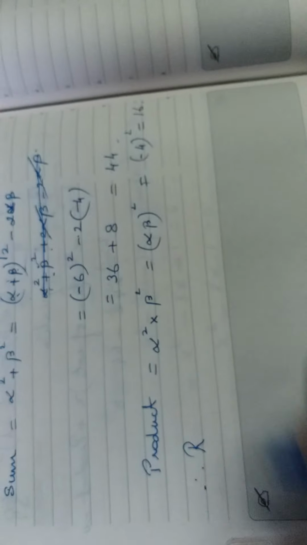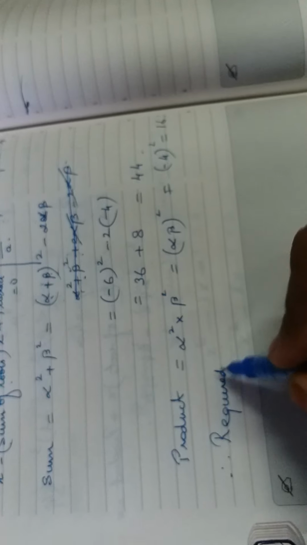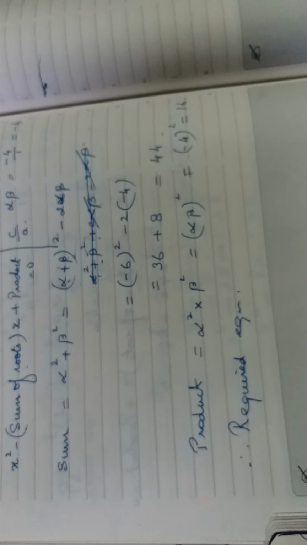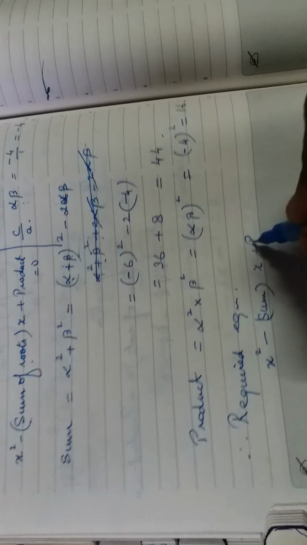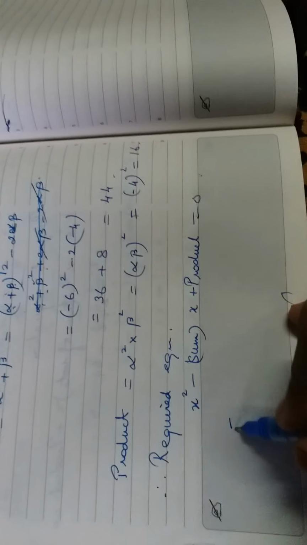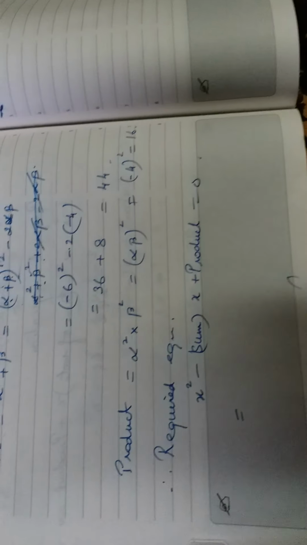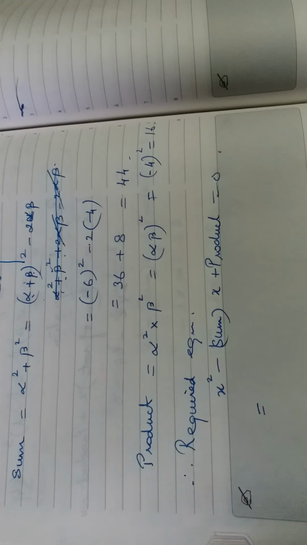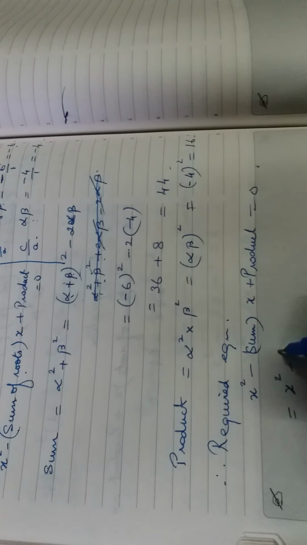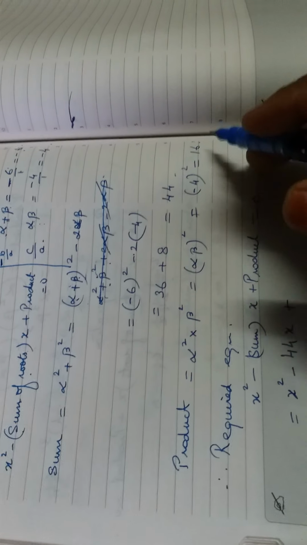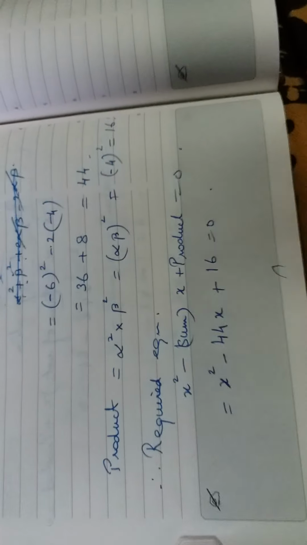Therefore required equation is equal to x square minus sum into x plus product is equal to 0. So it is x square minus 44 into x plus 16 is equal to 0.